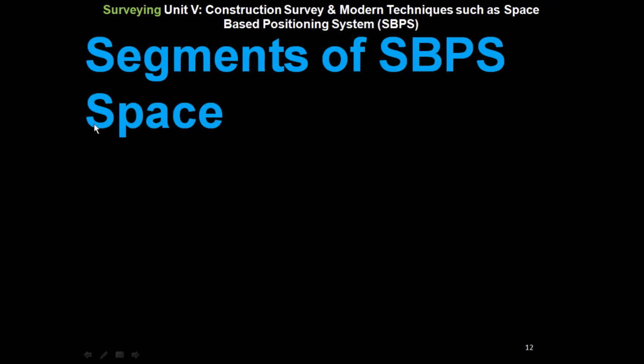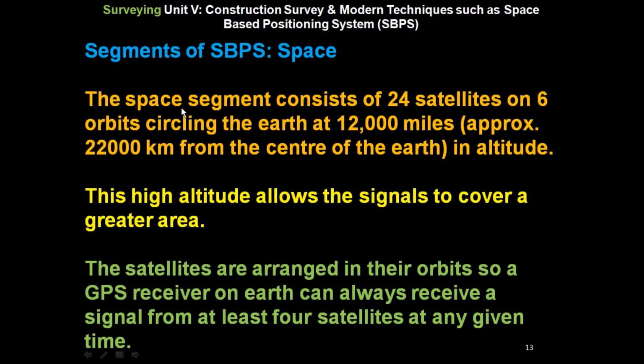Now we will see the first segment, that is the space segment. The space segment consists of 24 satellites on 6 orbits circling the Earth at 12,000 miles, approximately 22,000 km from the center of the Earth in altitude. The high altitude allows the signals to cover a greater area.